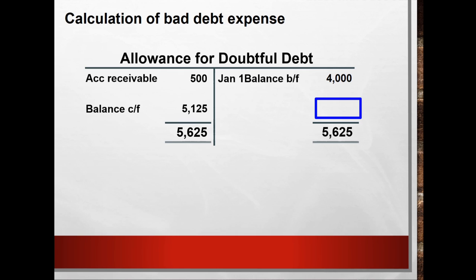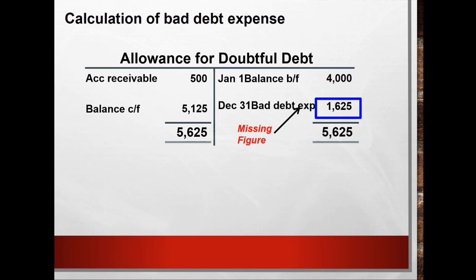And this one, write off accounts receivable. So the double entry is debit allowance for doubtful debts and credit accounts receivable. And we have calculated the amount for the balance carried forward for allowance for doubtful debts. The amount is 5,125. And after that, you must close the allowance for doubtful debts account.